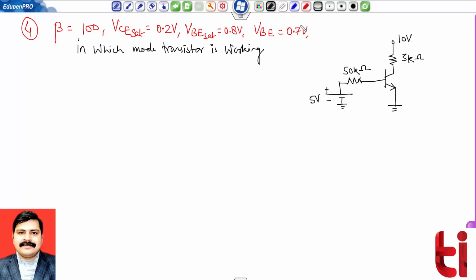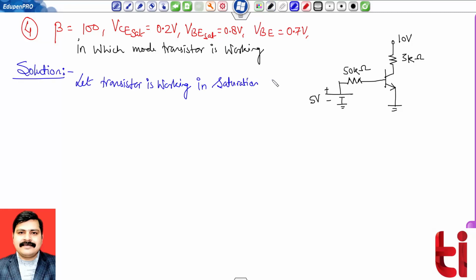Okay, so for the solution, let's assume that my transistor is working in saturation region. Let's try to solve with this assumption. So this is my first assumption, and if it is working in saturation region, this means that my circuit will be like this.